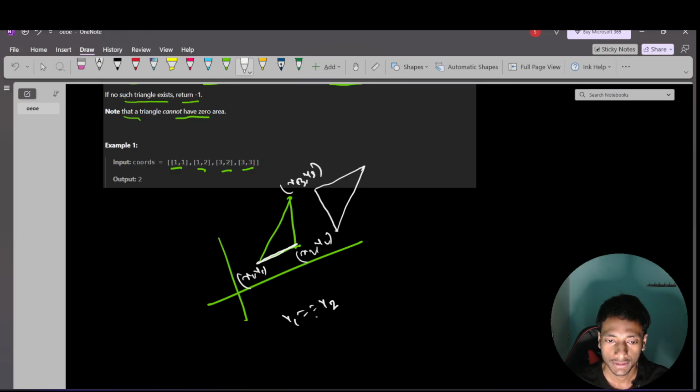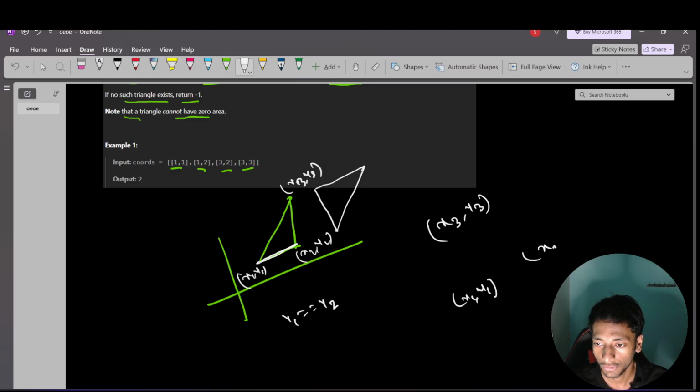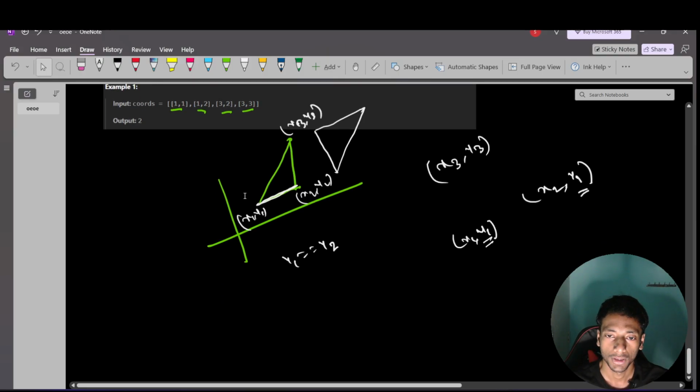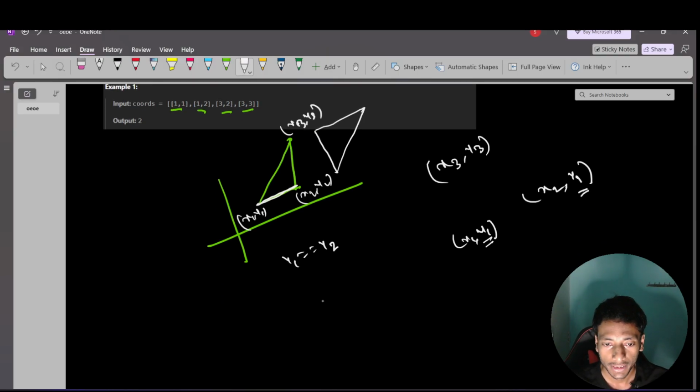So our triangle will have x3 comma y3, x1 comma y1, and another point x2 comma y1. Both will be the same, y1 or y2. Now what will be the area for this triangle?